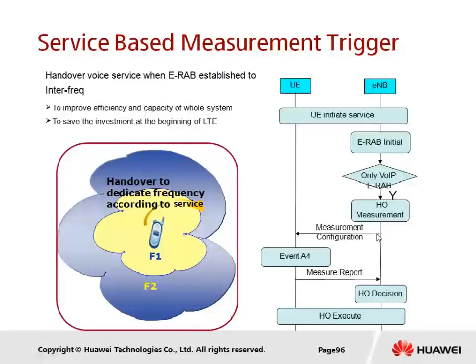The user measures the interfrequency signal, and only event A4 can be used for this type of handover. The user will report if the neighbor cells fulfill the event A4 criteria. Based on the reports received, the eNodeB makes a decision for the handover and moves the user to a dedicated frequency according to the service.